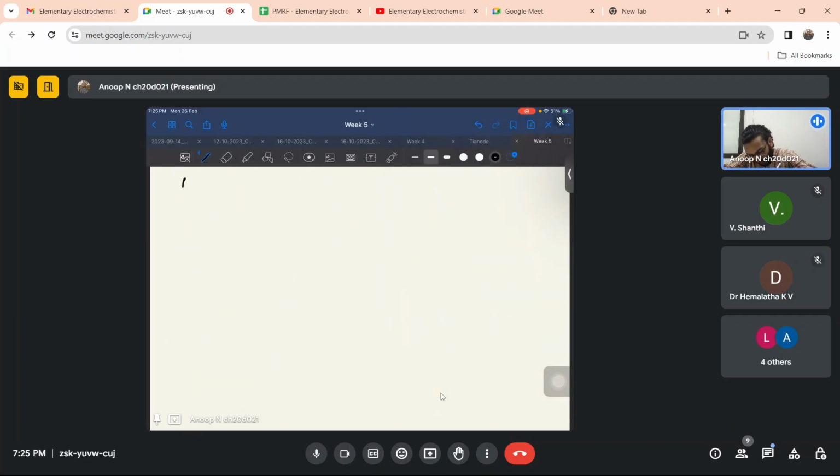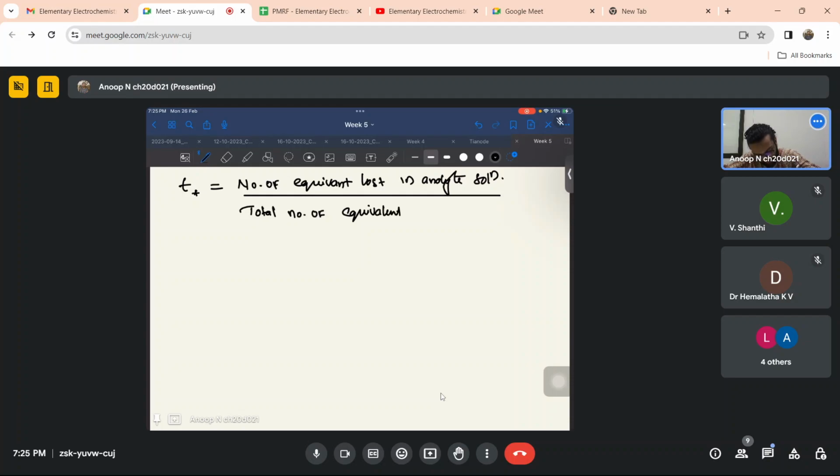We have transport number of cation is equal to number of equivalents lost in solution divided by total number of equivalents lost from both chambers.